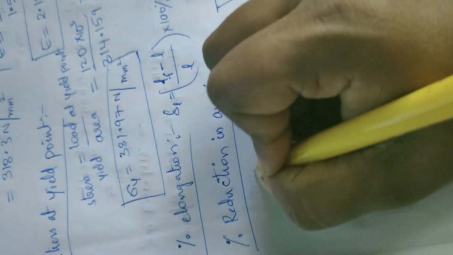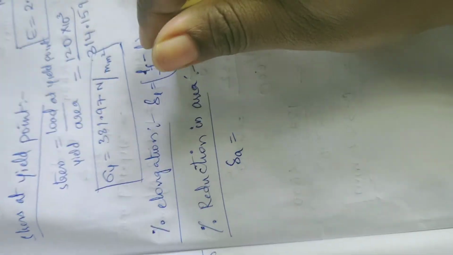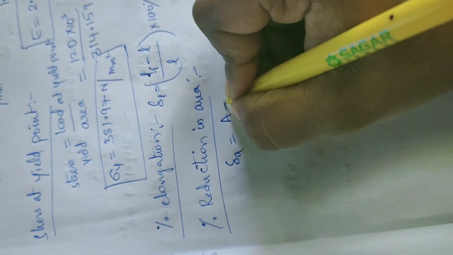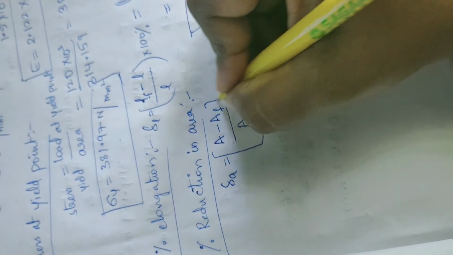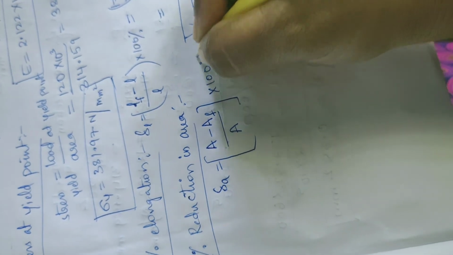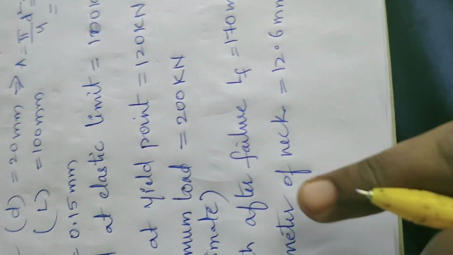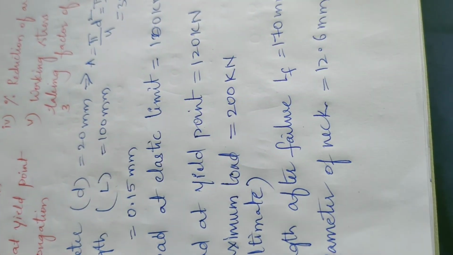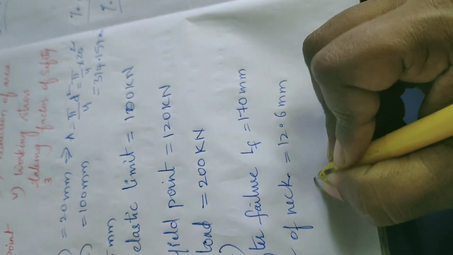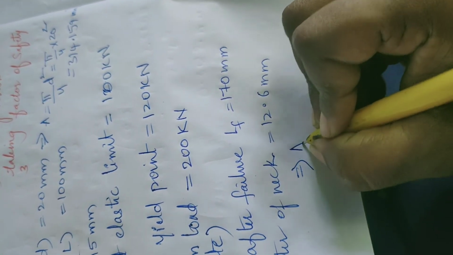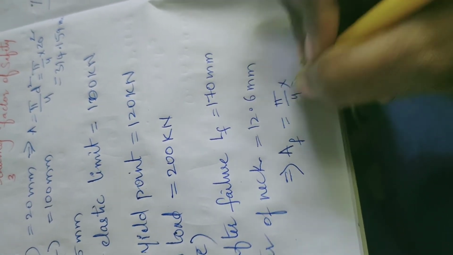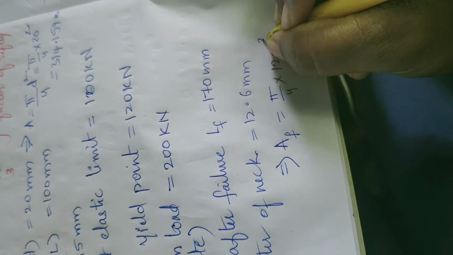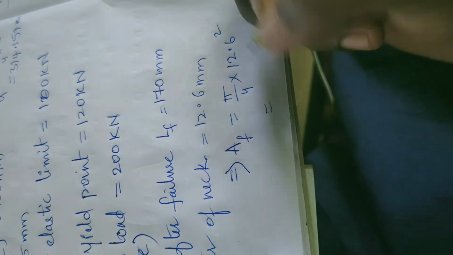Percentage reduction in area is equal to original area minus area after failure by original area into 100. Now how can I find this area after failure? Here you have the diameter of the neck, 12.6, given. So area after failure is pi by 4 into 12.6 square.